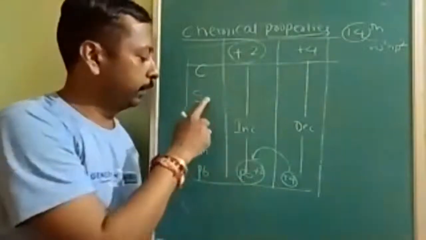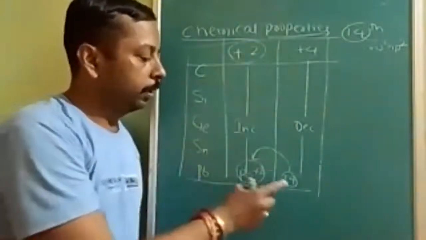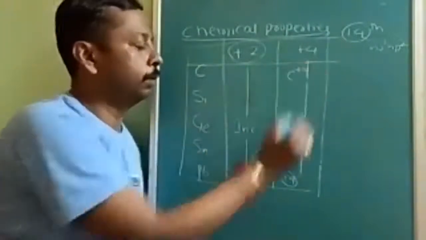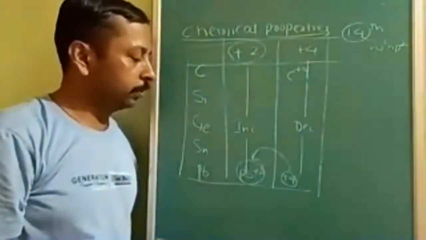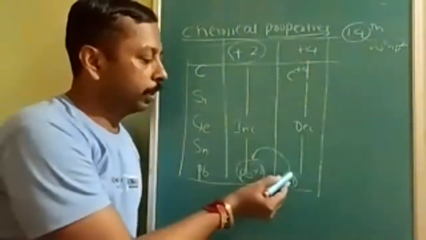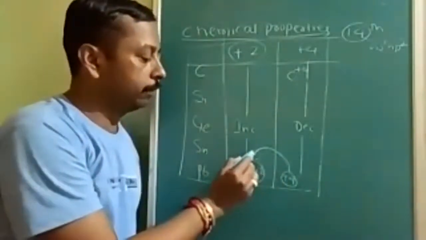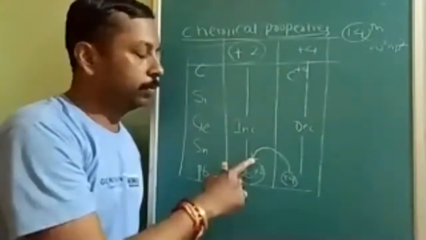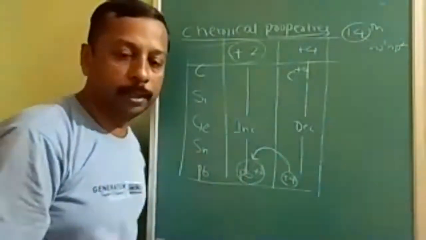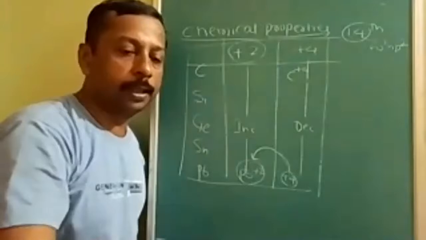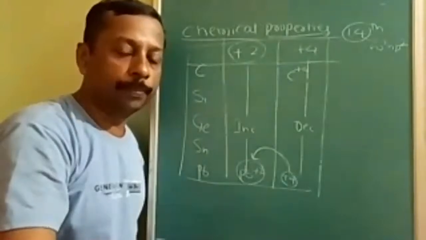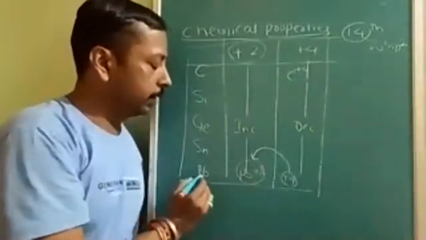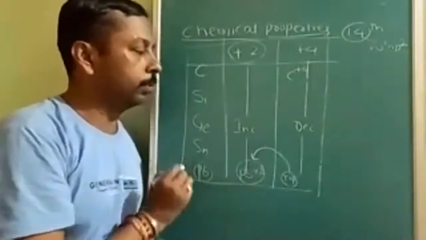If carbon, silicon, germanium, tin, lead all have plus 4, the tendency to reduce itself to plus 2 is found more in lead. So it has more tendency to reduce, which means a better oxidizing agent. So the better oxidizing agent in plus 4 will be Pb plus 4.